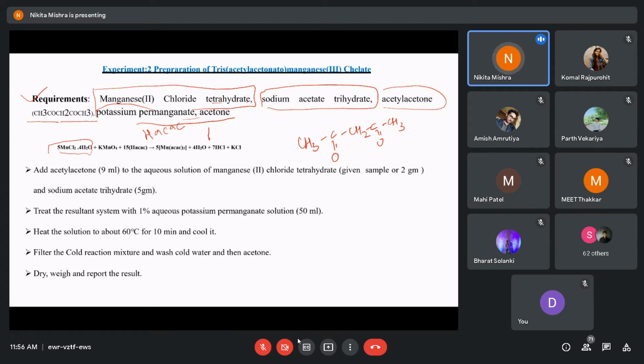The reaction is shown over here: MnCl2·4H2O plus KMnO4 plus hydrated acetylacetone. What it gives is Mn, that is from here, and Ac and Ac. This is the complete redox reaction.